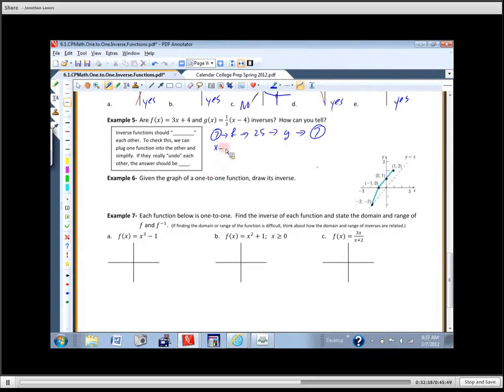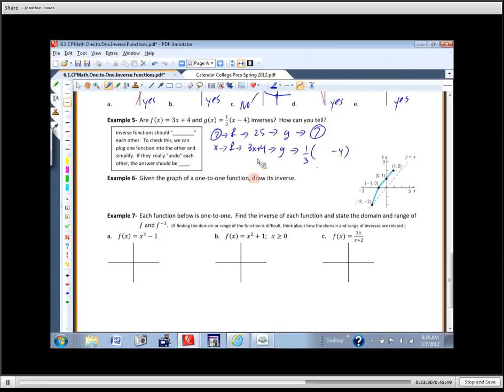So let's do that. If you plug an x in here, what do you get out? 3x plus 4. Okay? Plug it into f, you get out 3x plus 4. What are we going to do with that? We're going to plug it into g. Okay, now watch. Here's what g is. g is 1/3 times something, subtract 4.